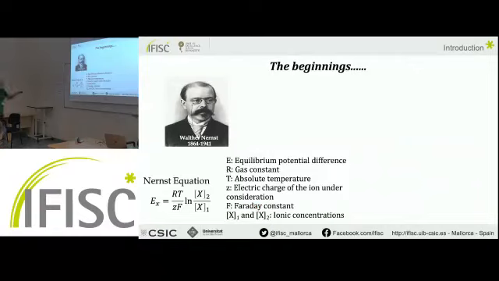He came up with a formula that, besides some constants, depends on the concentration of ions inside and outside of one ion, assuming that there is only one ion present, which is not true, because I told you that there is more than one. But still, this formula will be very important. It depends on the logarithm of the ratio between the concentration outside with respect to inside, or the other way around, it doesn't matter. So what matters is the concentration of ions. And this gives you the equilibrium potential difference.